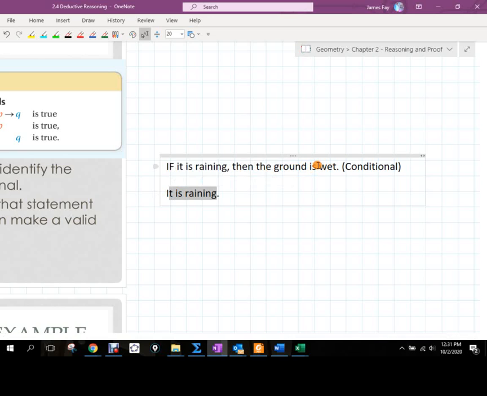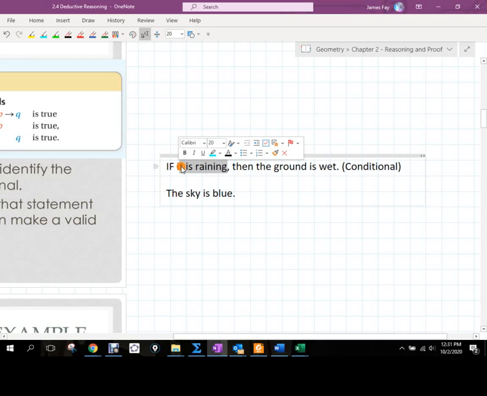Now this might seem very obvious, but what if my second statement says the sky is blue? Does the sky is blue match with it is raining?